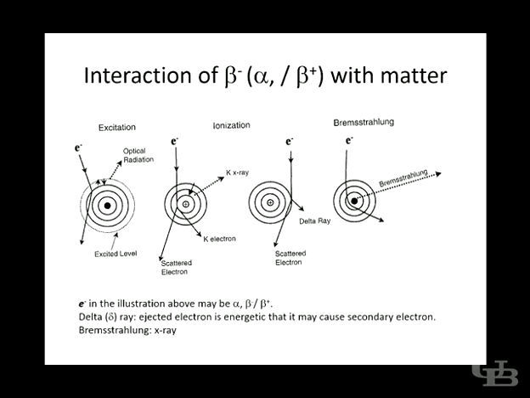And the third case here is if the charged particle, the electron, happens to approach the nucleus. Because the nucleus is much heavier, the interaction may dramatically change the path of the electron, because the electron is much lighter.